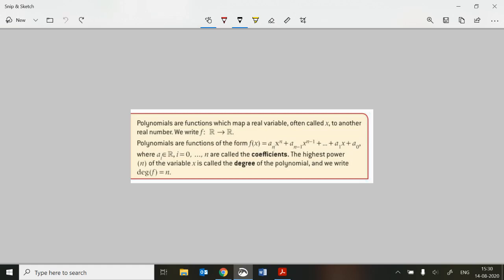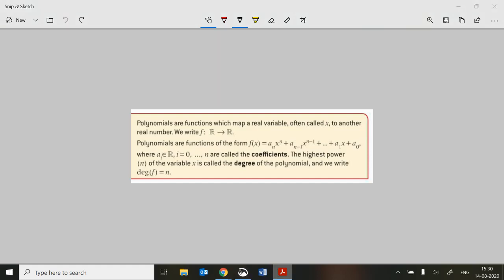Okay, so the a's are your coefficients. They just say as well that if you want to talk about the degree of a polynomial, so if you want to say the degree of f of x, well, if we're talking about the degree of, say, a quadratic, then you'd say that that would be 2 if f of x was defined to be a quadratic. Okay, right. So there we go.